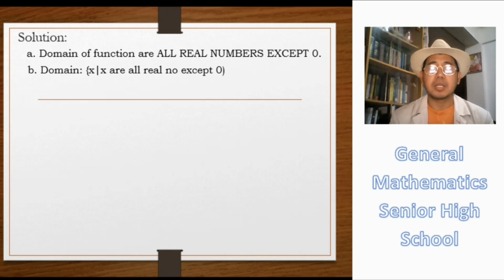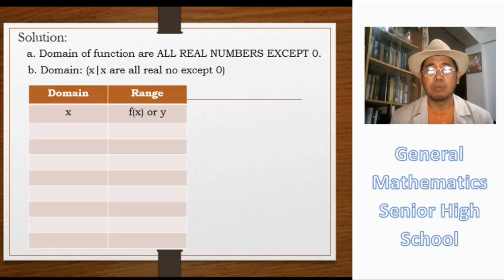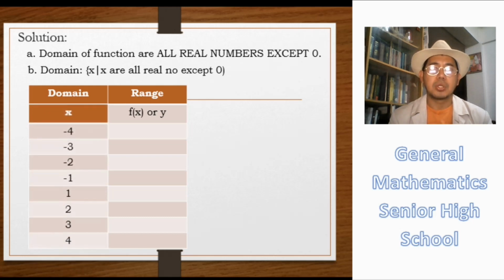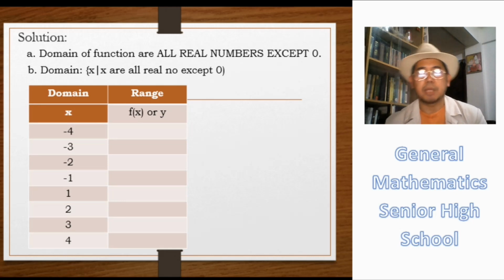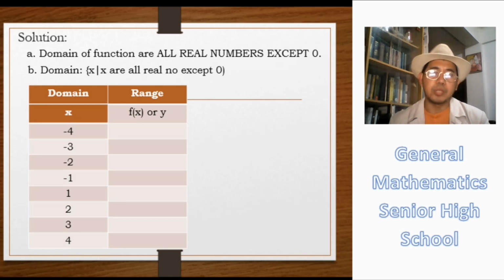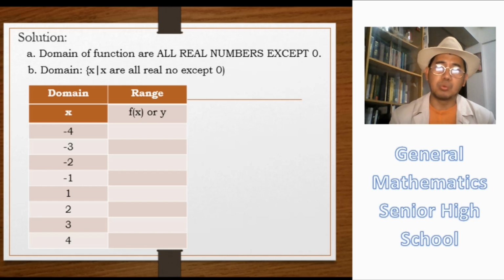So x are all real numbers except 0. So I have in here the table. I will assume possible values of x. You will notice in here, my possible values of x would be from negative 1 to infinity and from positive 1 to infinity. Or shall I just consider negative 1, negative 2, negative 3, negative 4, and positive 1, positive 2, positive 3, positive 4.